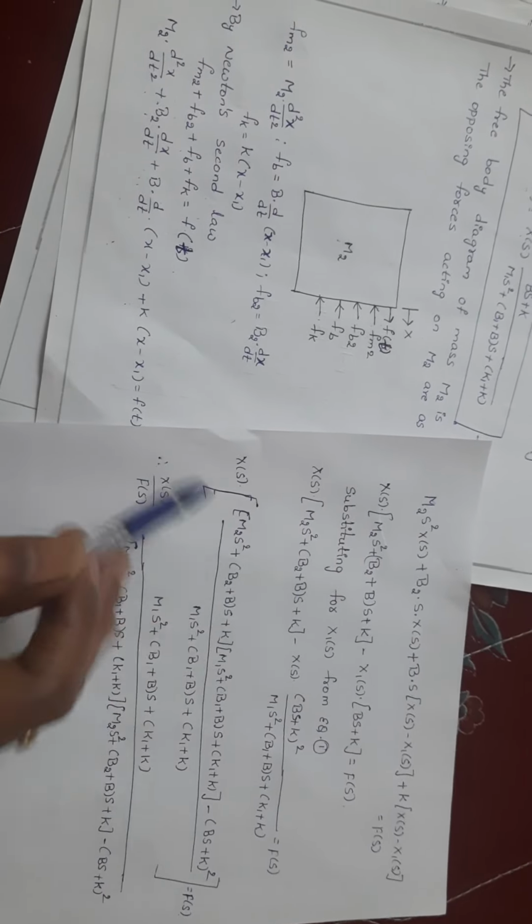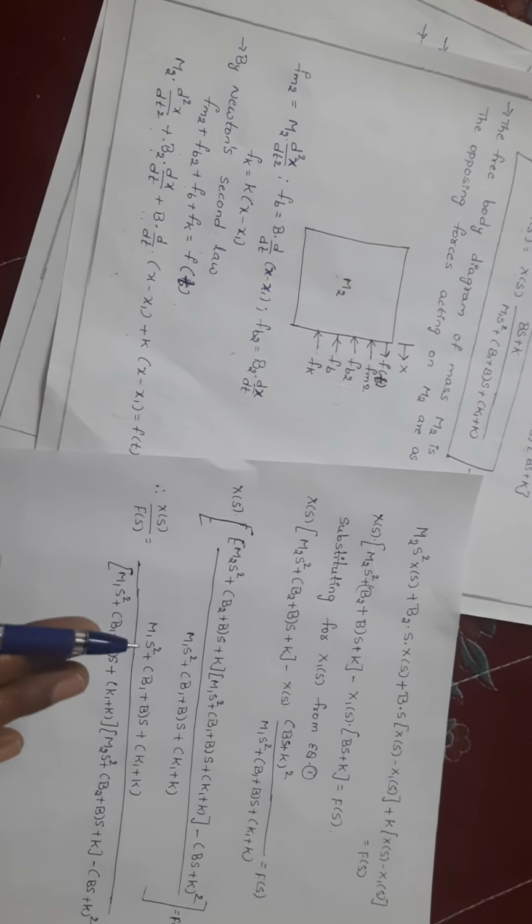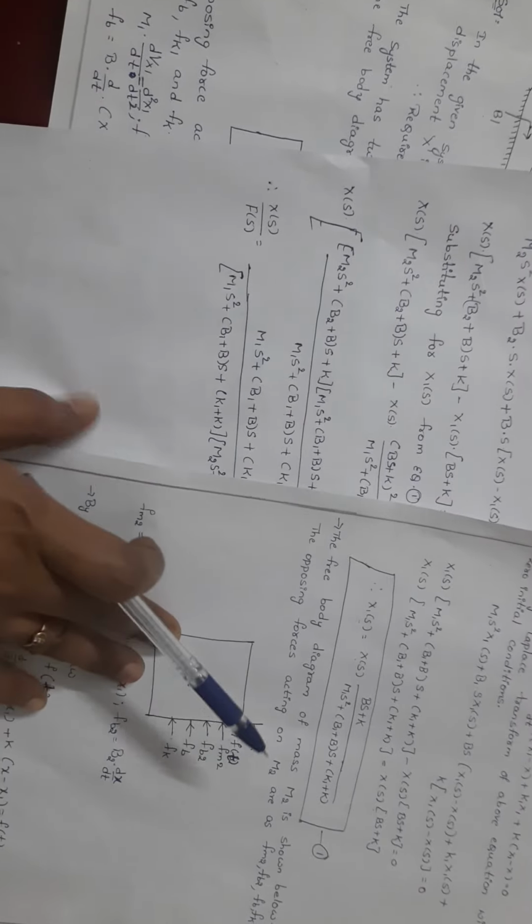So see, listen, what to substitute here? Our main point is to get x of s by f of s. In the previous problem, what we drew here, x1 of s is there, x of s is there. Here also for m2 we got x1 of s and x of s.